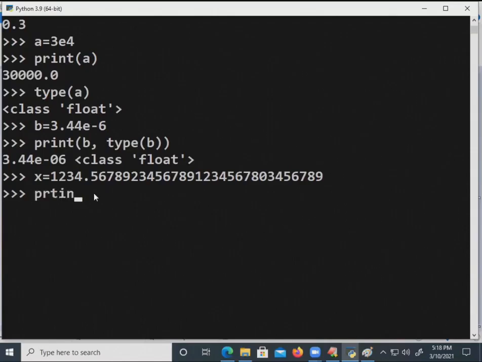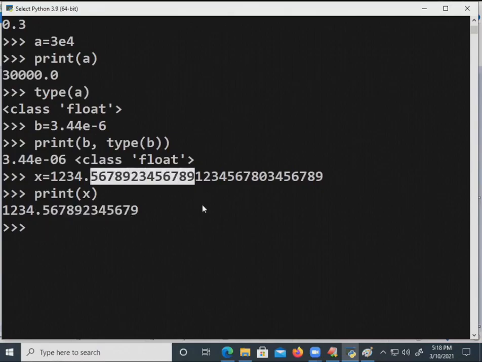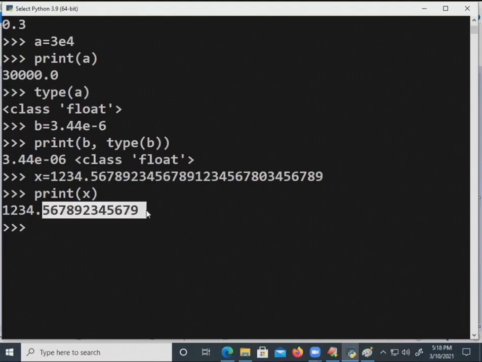Print of X. Do you think that the number is printed as it is? No. It is internally converted to scientific form. See that? This is printed only half of the number, only up to here. You can print a more enlarged format by using format specifiers in Python.